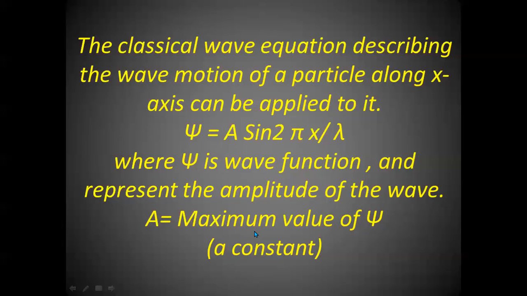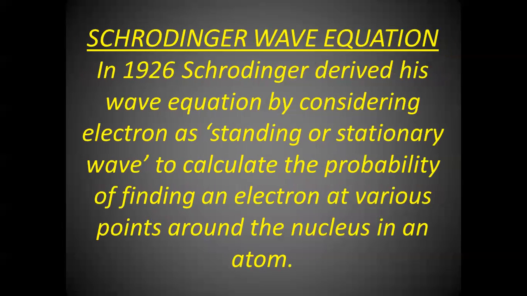It will be a constant for a particular wave. It will not change. Here the electron is considered as a stationary wave or standing wave. In the beginning only we assumed that.